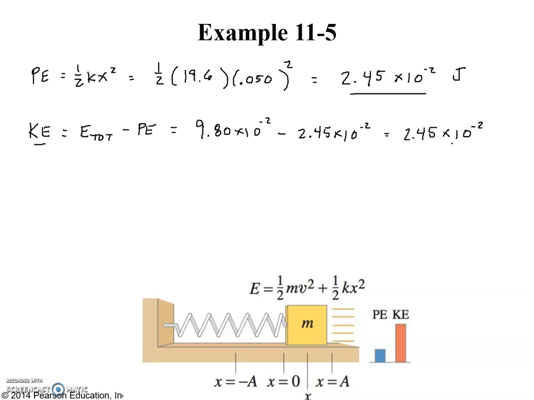No, I'm sorry, that's not right. Just looking at the wrong number in my notes here. It's equal to 7.35 times 10 to the negative second joules. Okay, so that's the simpler way of finding the kinetic energy. Just take the total amount of energy minus potential. Whatever is left over must therefore be kinetic.